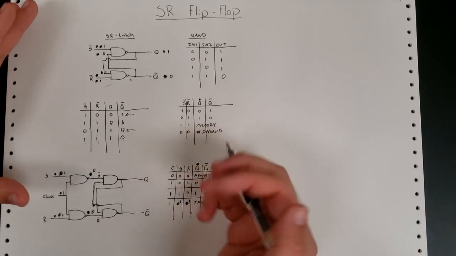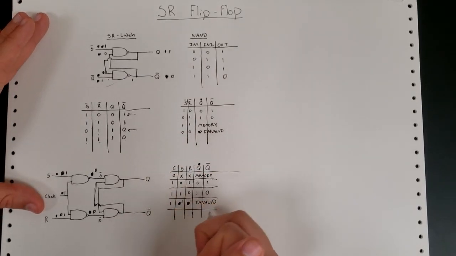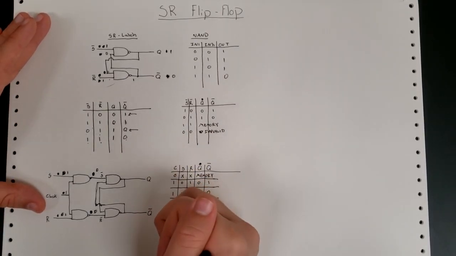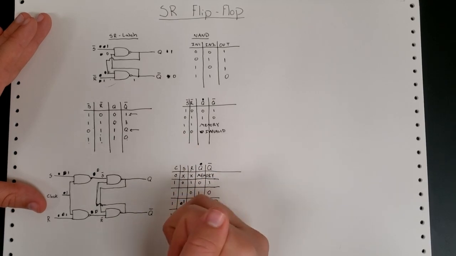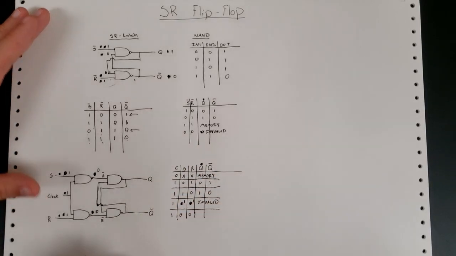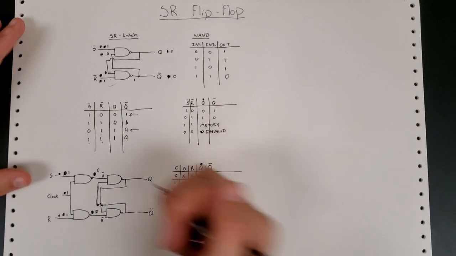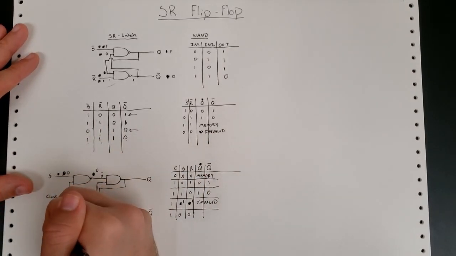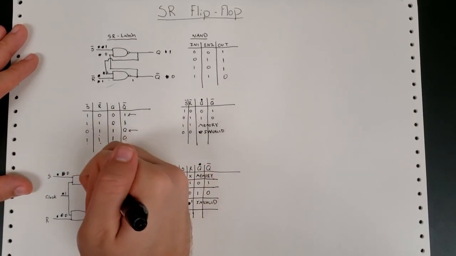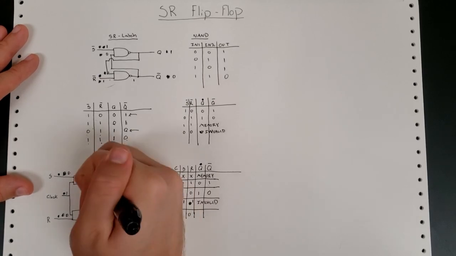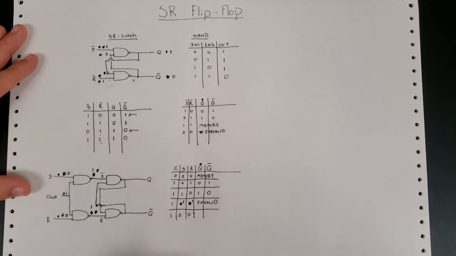Okay. And the final case, right, is if clock is set to 1 and then both of these are 0. In this case, the output over here is 1 and 1.